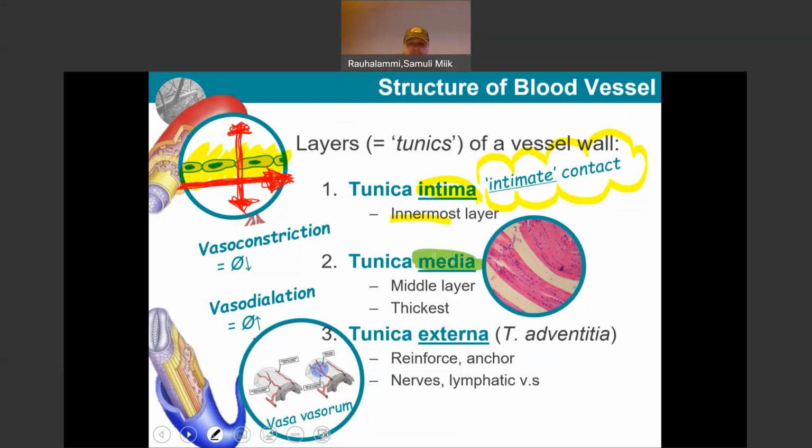So this is the middle layer, if you wish. And this is typically the thickest layer of all that we end up seeing of these three. If we consider what this layer is made of, there's a great amount of smooth muscle and elastin present.